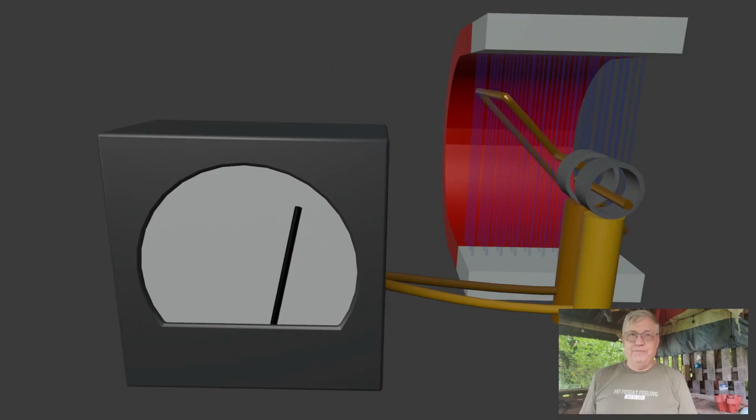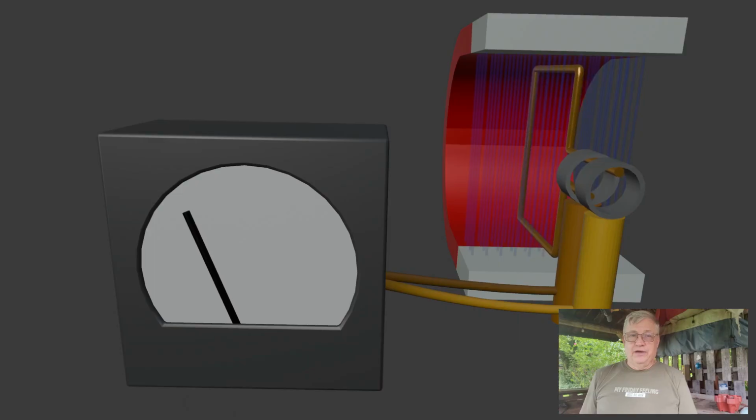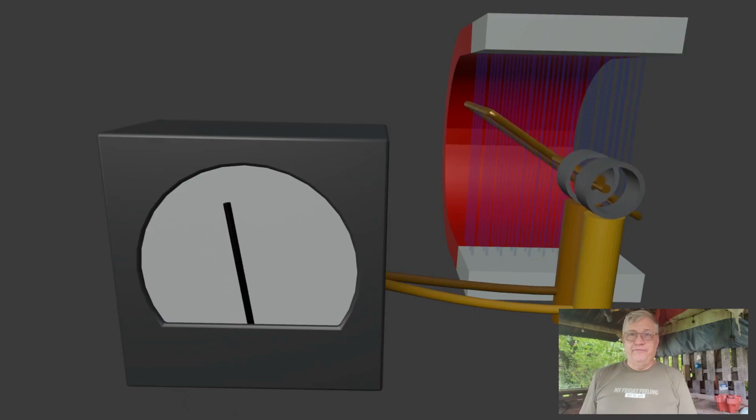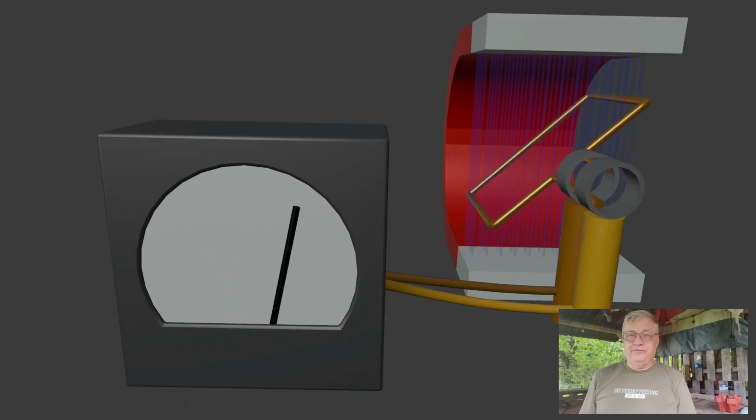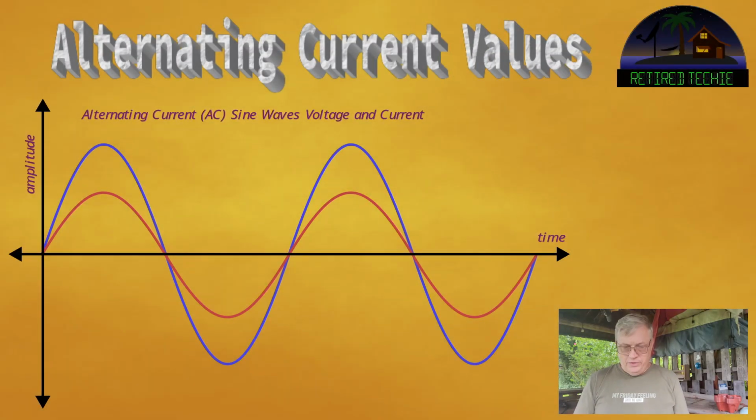The strength of the AC will depend on the strength of the magnetic field and the speed of the coil rotating in the field. There are a few other factors, but that's basically how we do it. So this generates what we call a sine wave, a specific type of waveform, and it goes on forever.